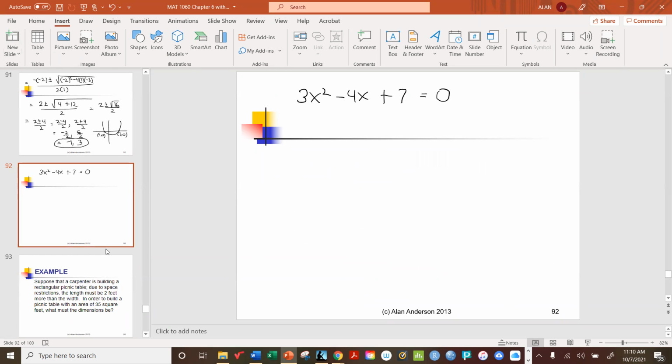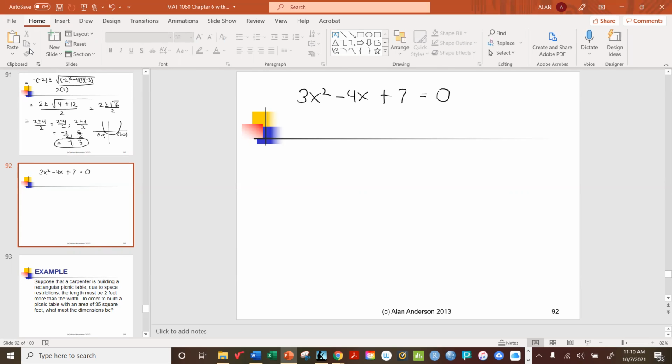Okay, let me just double check one thing. Oh, it's a good thing I checked. Sorry, change this to 1. We almost had imaginary results.